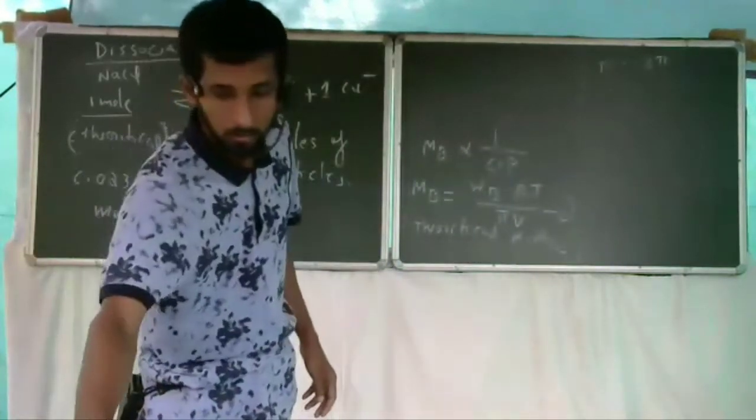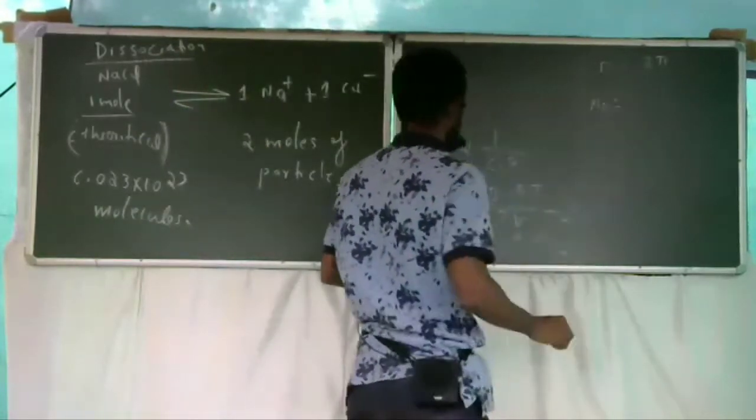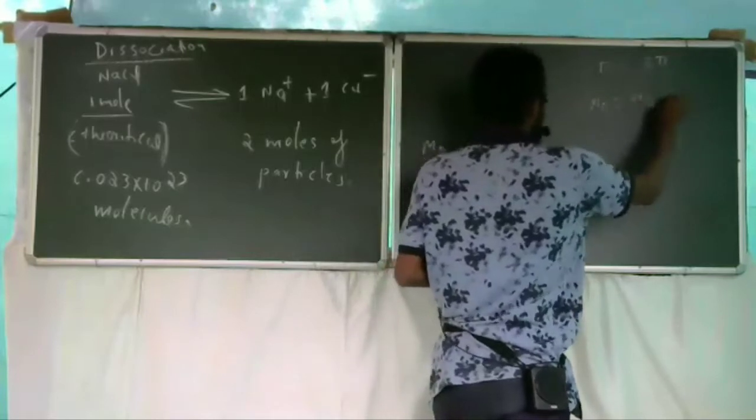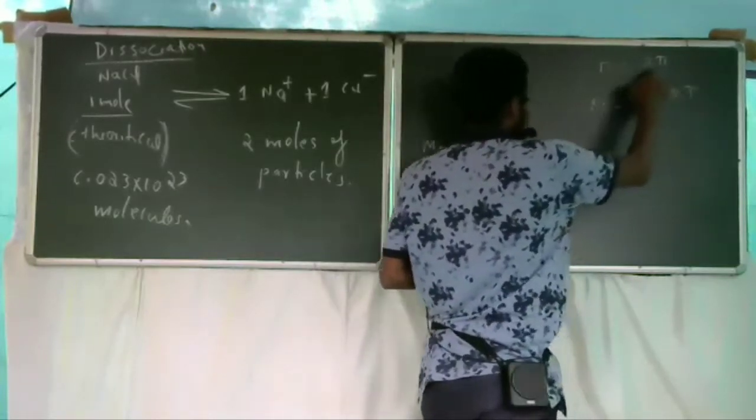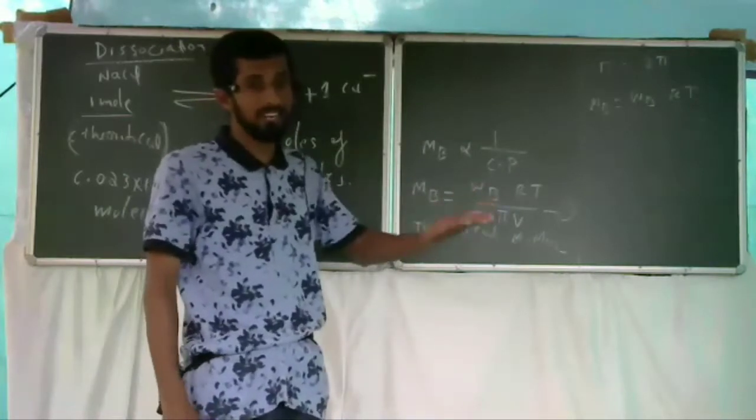Now Mb equals WBRT divided by pi, where the observed colligative property is twice the theoretical.